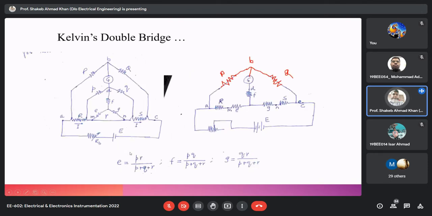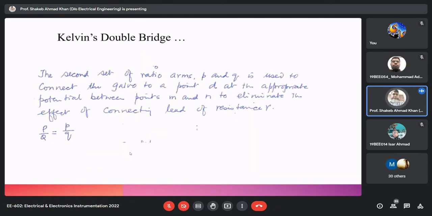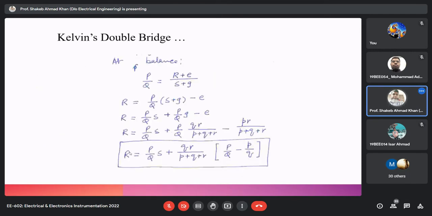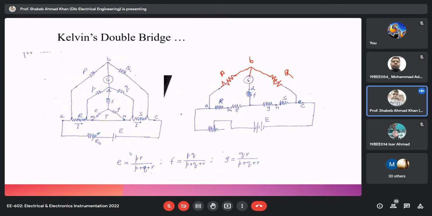So this is how the Kelvin double bridge is a modification of the Wheatstone bridge, which takes care of lead and contact resistance. And this is how we discussed the inception, from the conceptual circuit diagram to the physical realization of that concept, which leads to the Kelvin's double bridge.